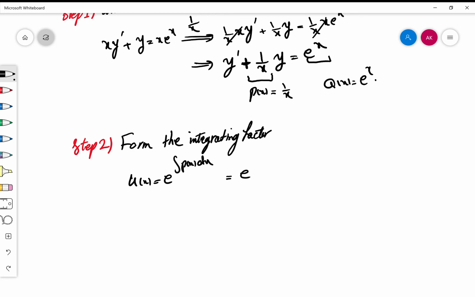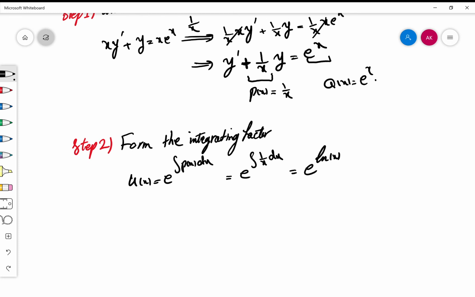Here p(x) is 1 over x, so integral of 1 over x dx. What is the antiderivative of 1 over x? Well, 1 over x is the derivative of ln x, so we have e to the power ln x.